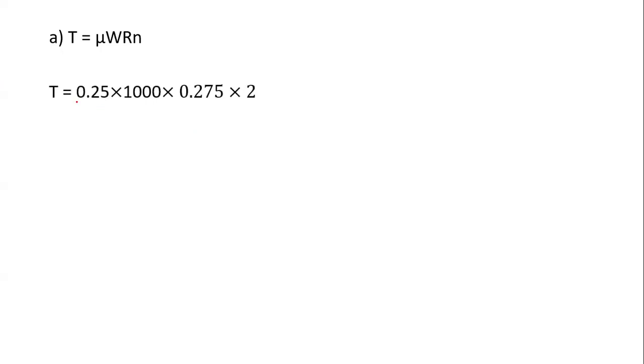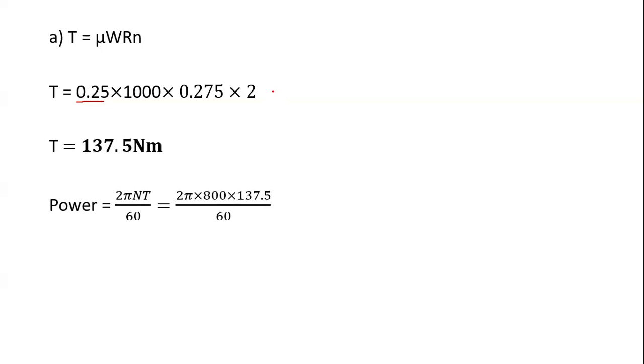Our coefficient is 0.25, our spring force is 1,000, our mean radius we just calculated as 0.275, and small letter n is 2. Once you enter that in your calculator, you should find 137.5 Newton meters.